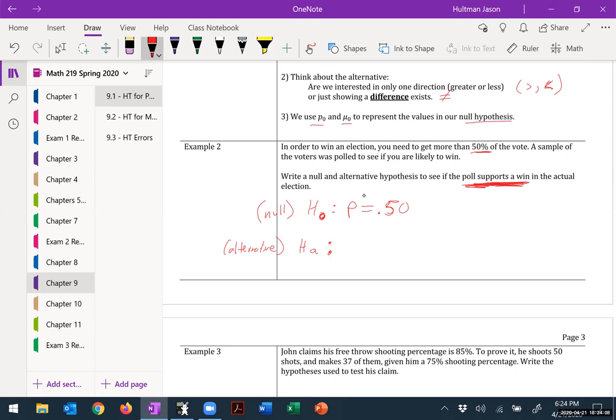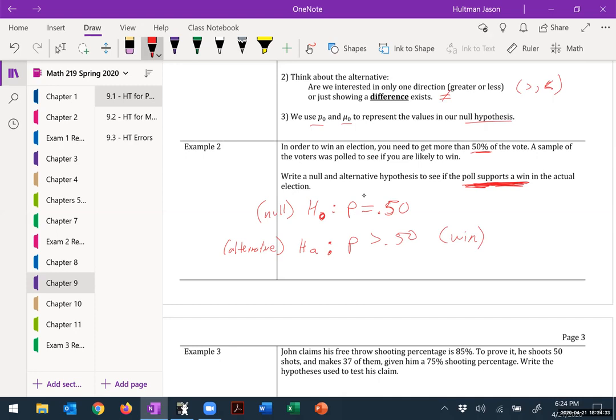That's what we're looking for. It's either equal to 50 or it's greater than 50, because greater than 50 indicates a win. We're looking for, is this a win or not?